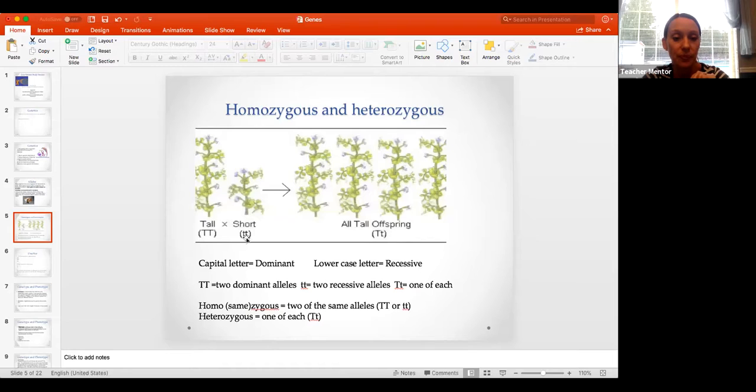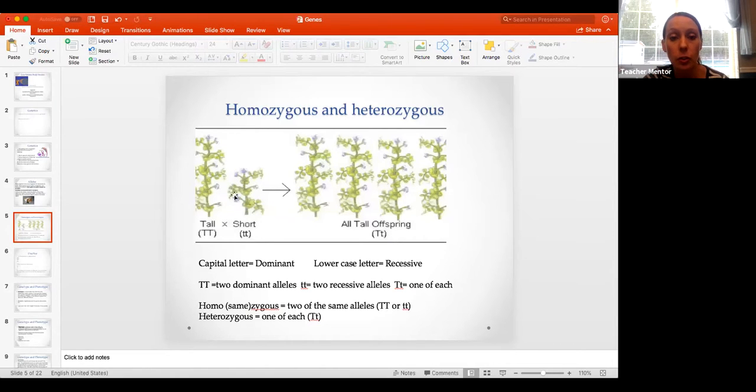Okay. So far, so good. So what we're looking at here is some examples of pea plants. This particular pea plant is homozygous tall. So that means it has 2 alleles that are dominant, so it's written in a capital letter. This particular one is recessive, but it's also homozygous because it has 2 recessive traits.